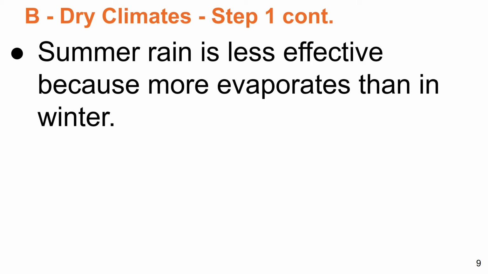So if the rain falls in the winter, more of it is available for plants. And this is also interesting for those of you that are in my lecture class. You'll remember the announcement that I posted about rain on the Great Plains. Rain in the plains, it turns out, falls mainly at night. So nighttime rain would be more effective than daytime rain in the plains states because it would be cooler.